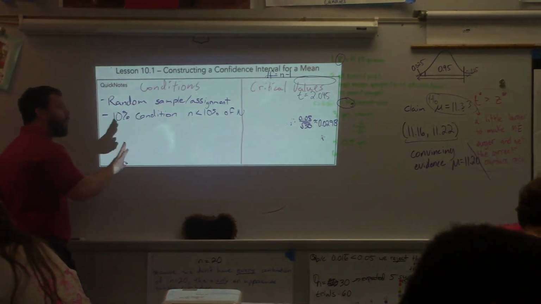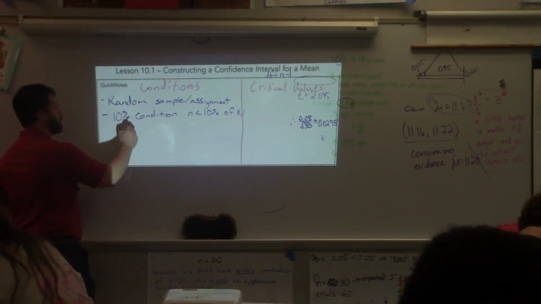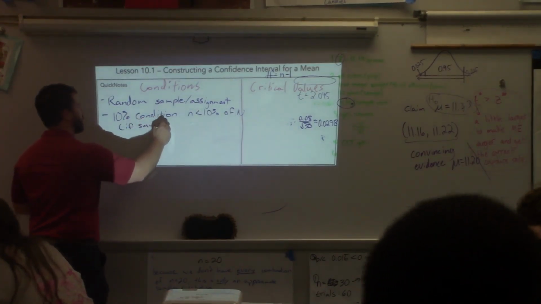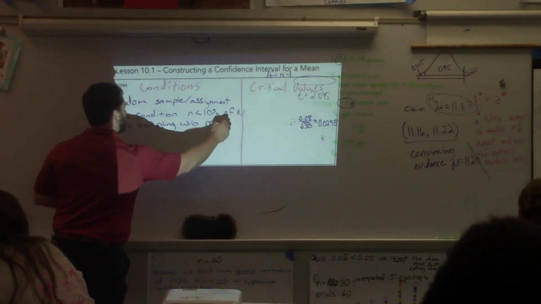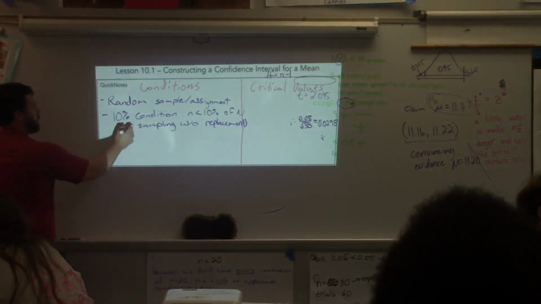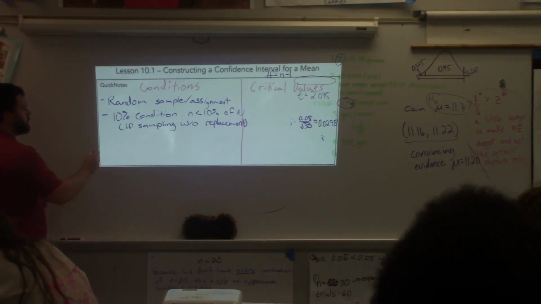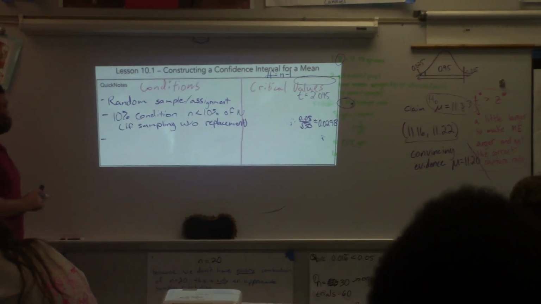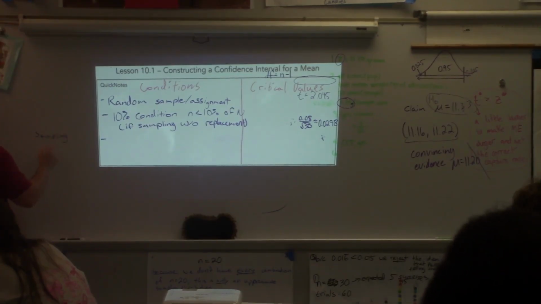Remember, you don't always have to have the 10% condition, but it applies if you're sampling without replacement. I need you to be careful because you don't have to have the central limit theorem.